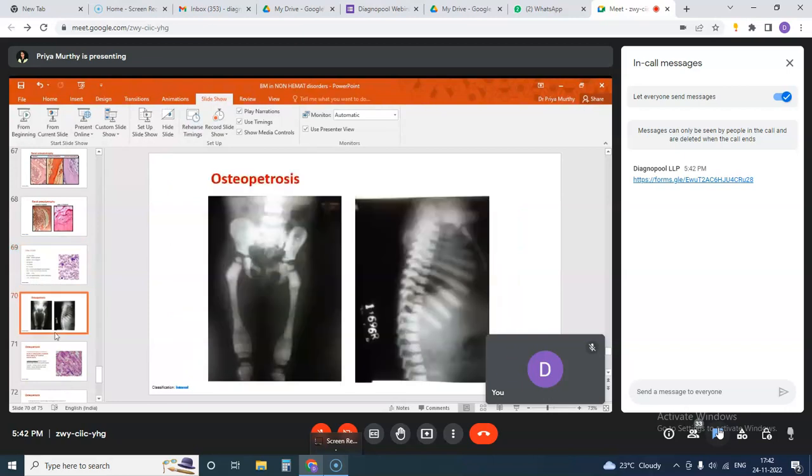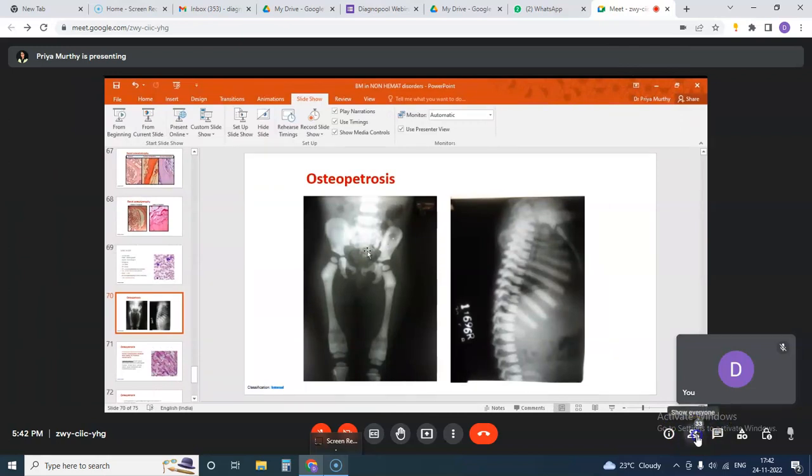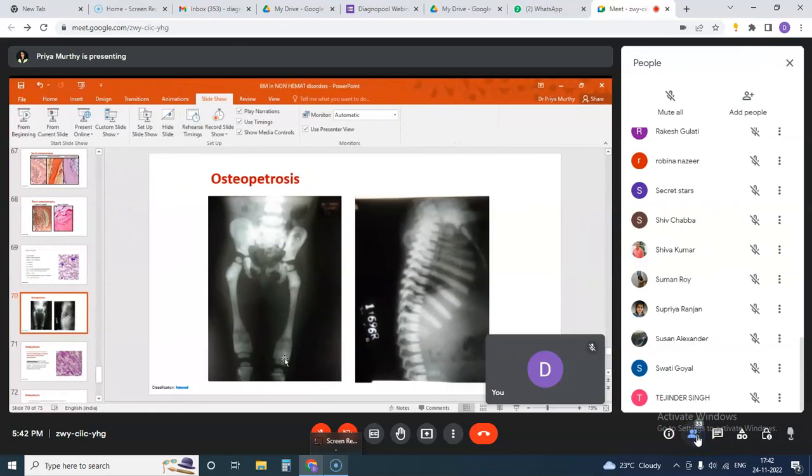A skeletal survey was advised. This was a small child, so a full body skeletal X-ray. There are transverse bands in the diaphysis of the femur, and there is a flask-shaped deformity, or Erlenmeyer flask deformity, as it is called. Similarly, there is increased density in the ribs and spine as well.